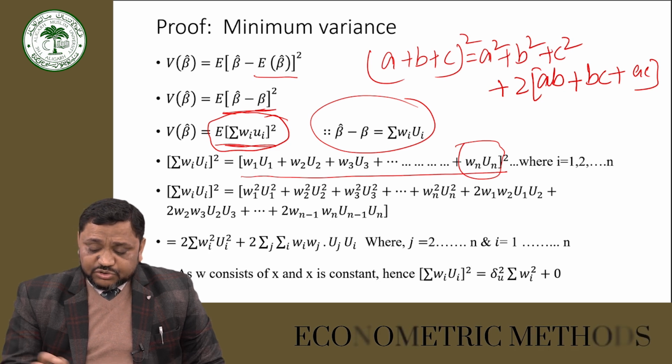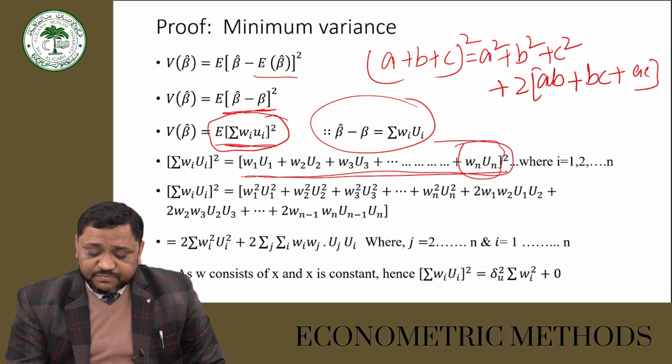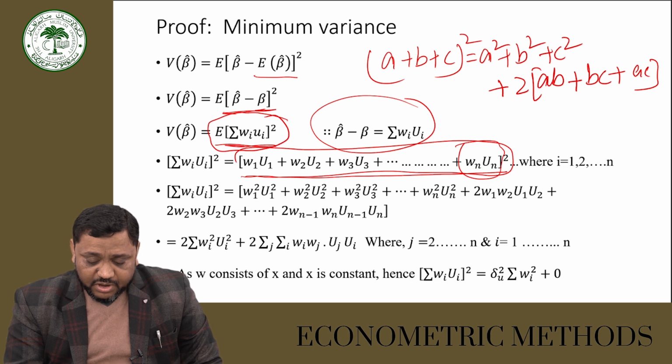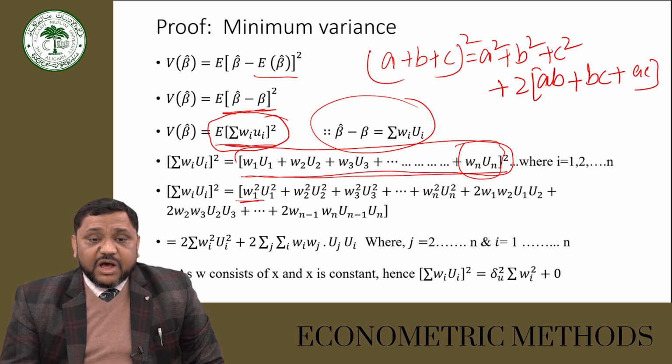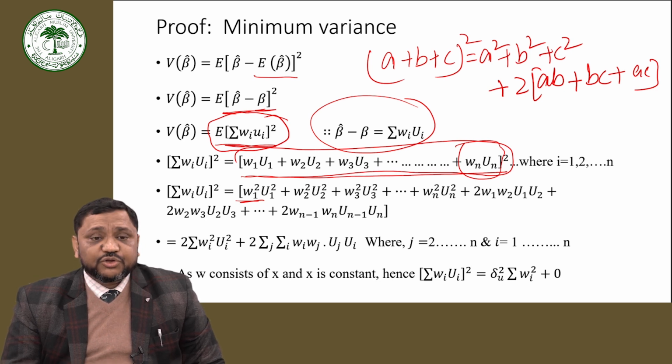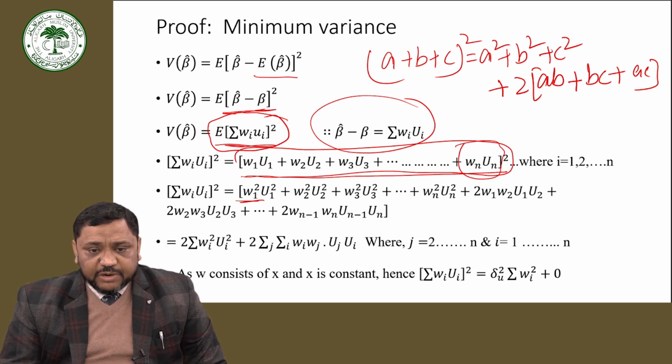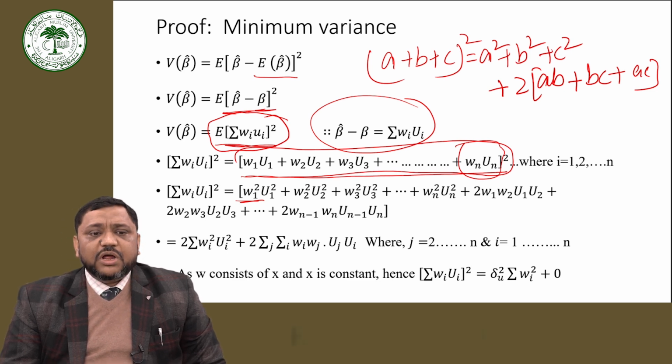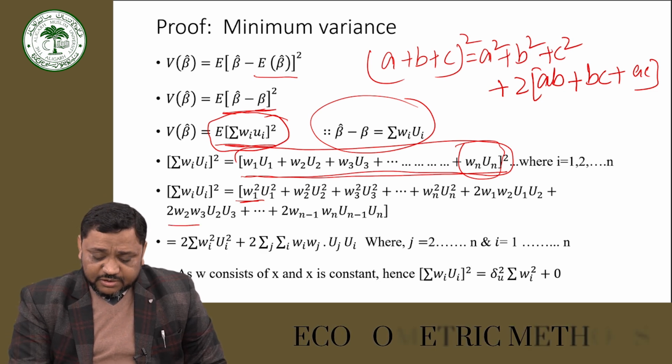Using this formula, we write this term as w1 square u1 square plus w2 square u2 square plus w3 square u3 square, extending up till wn square un square, plus 2 w1 w2 u1 u2 plus 2 w2 w3 u2 u3.